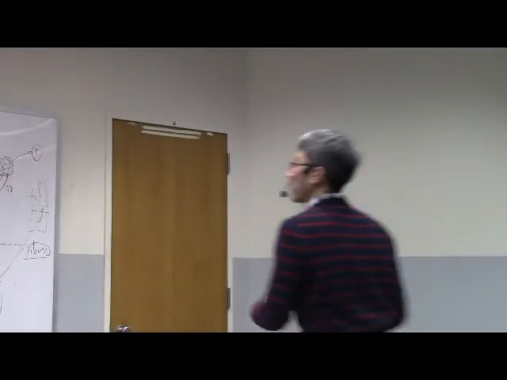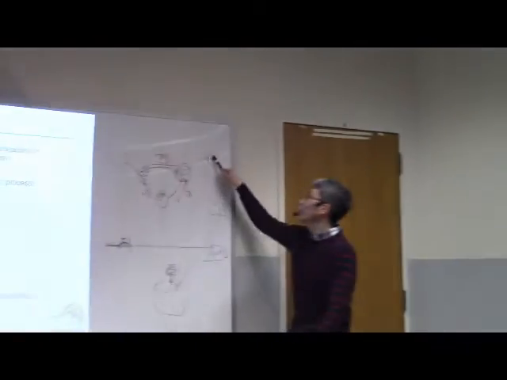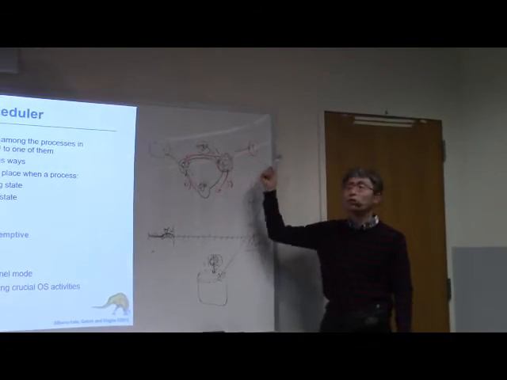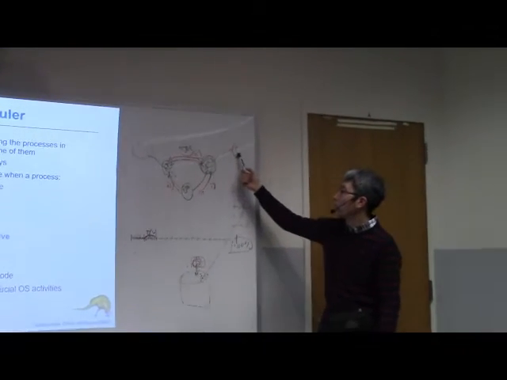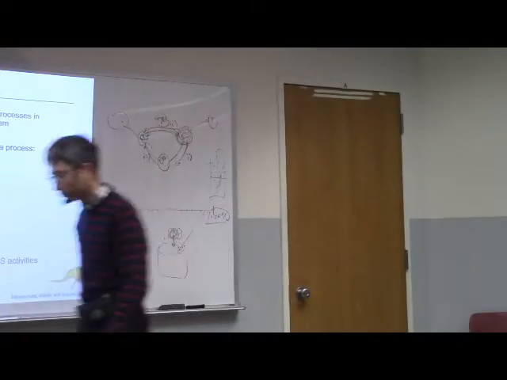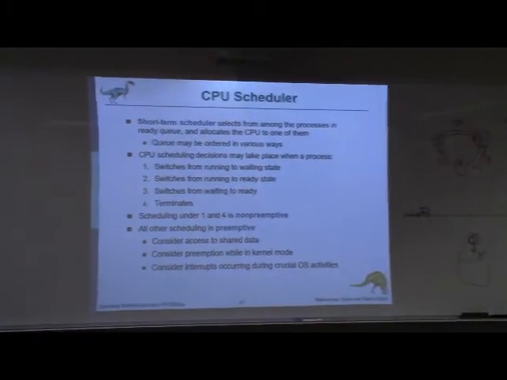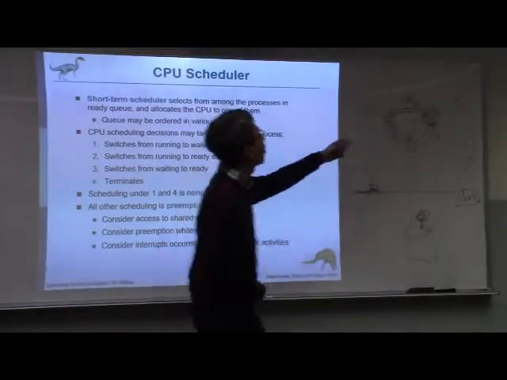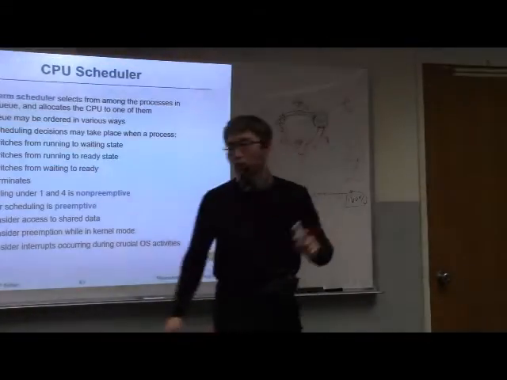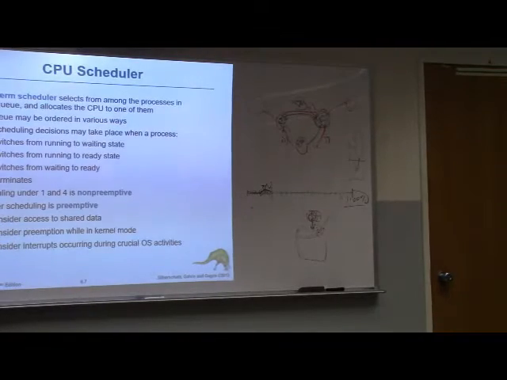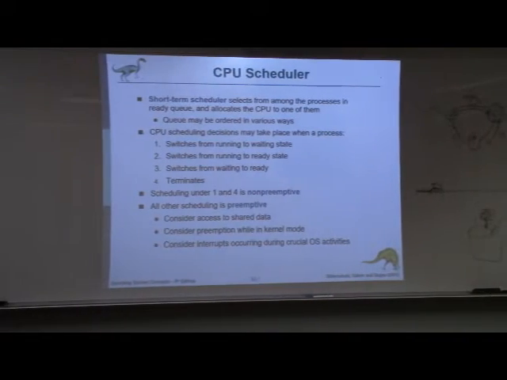Otherwise, you cannot restart it again. That is a non-preemptive. For example, in this case, once you leave, it's done. Okay? So you cannot restart it. So keep in mind in the 4 cases, the CPU scheduler will be activated. Run their program. Okay.